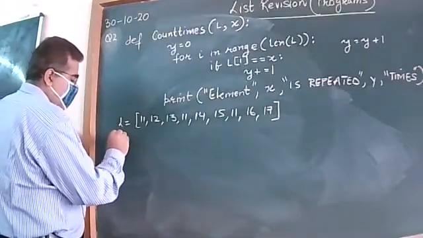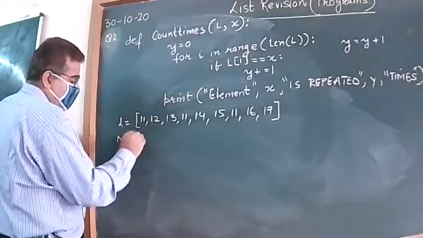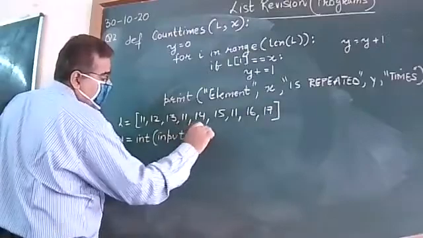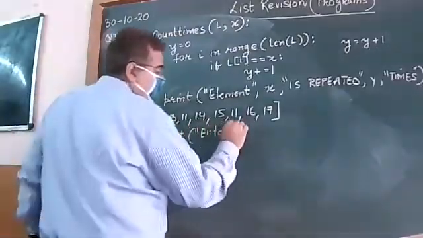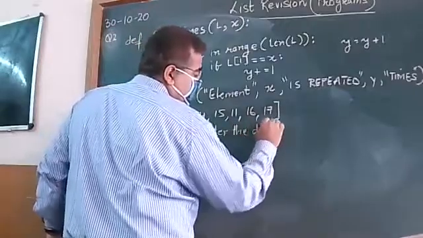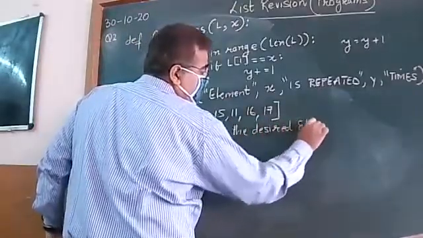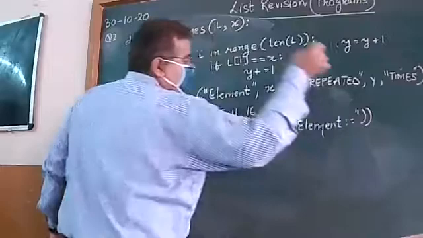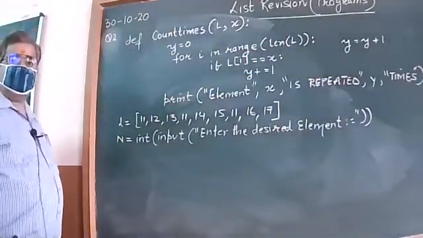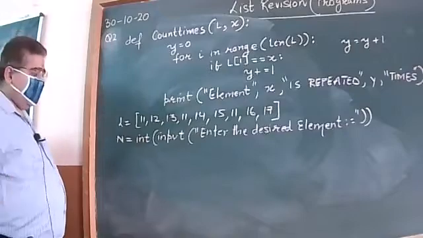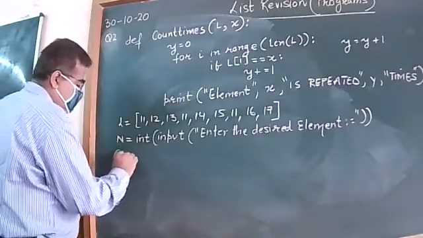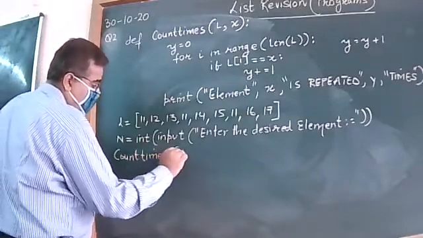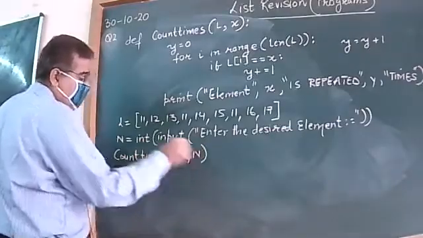Now here, take n and you first of all ask the user, enter the desired element. Right? Now you call this function, first pass the list, then pass this element.